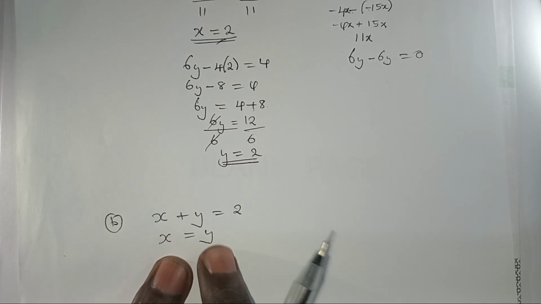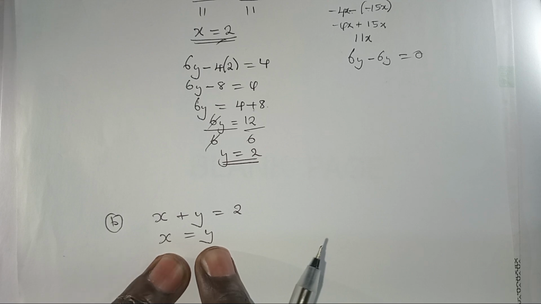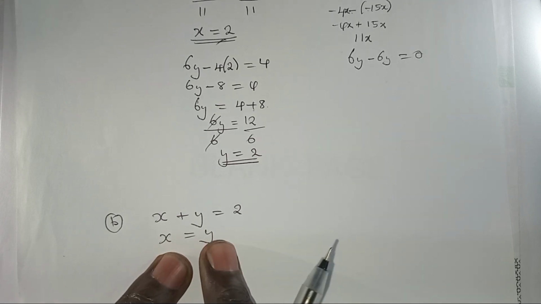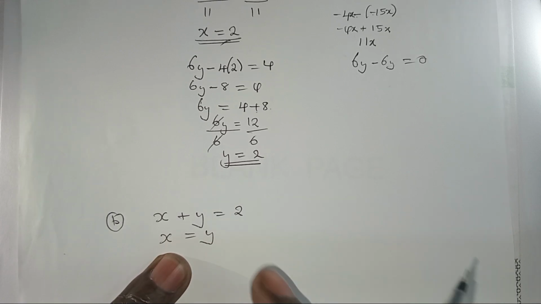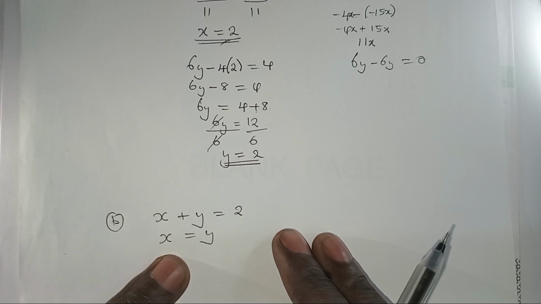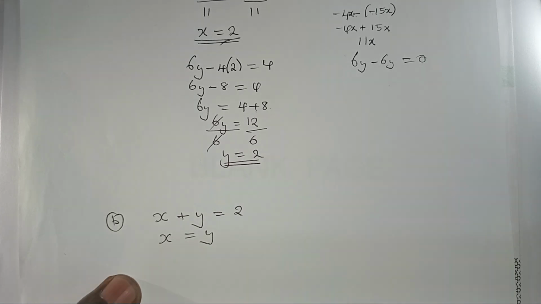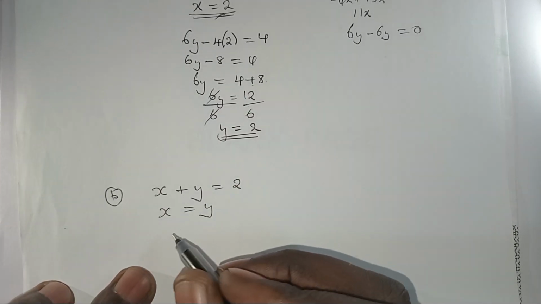So how can we work out this simultaneous equation which has the variables x and y? We can again use any of those methods, the substitution or the elimination method, and the solution will be the same. Let me demonstrate how this can be done.